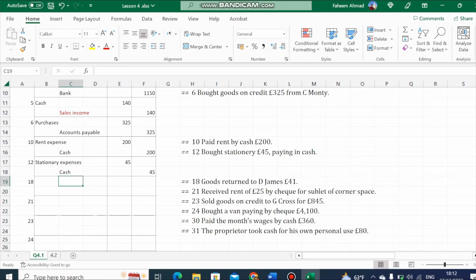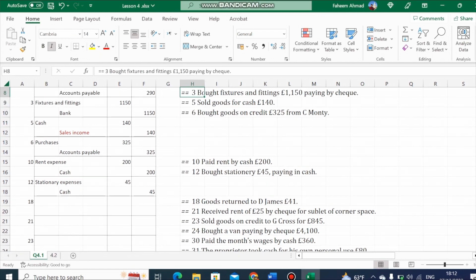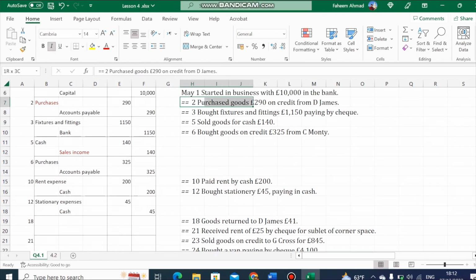Goods returned to D. James. Now this transaction on 18th is opposite to the transaction on May 2nd. Very carefully please check. Transaction for goods return on May 18th is opposite to the transaction on May 2nd.